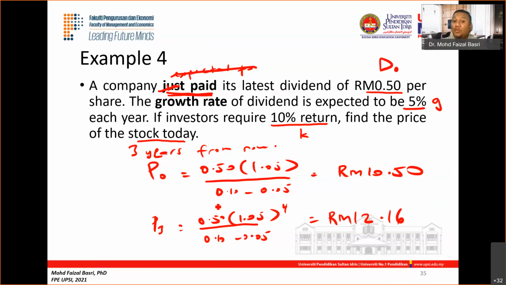So if it's already D1 here, and you want to find D4, you don't have to power until 4, because if you power 4, it means that you are trying to find D5. So it defeats the purpose, or you slightly miscalculate the information. So you need to adjust accordingly. Okay. So that's the third model.